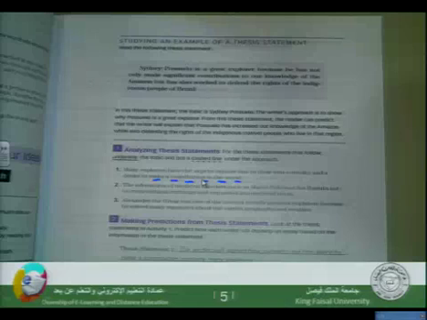Now, if we just stop there and look down here, where you're supposed to predict how each writer will develop an essay based on the information in the thesis statement, it gives you a comment about thesis statement number 1, which is the writer will explain how curiosity and the desire to make a contribution motivate many people.